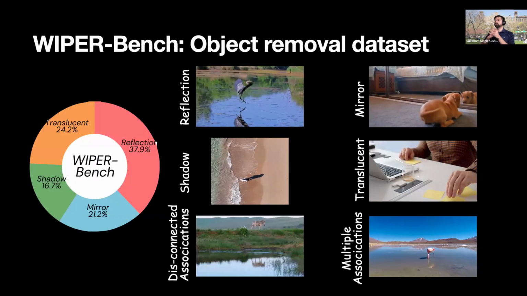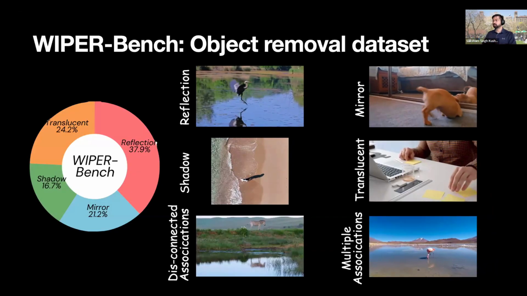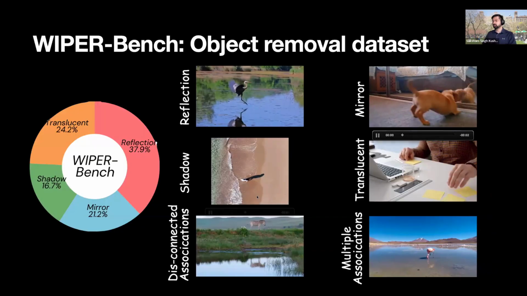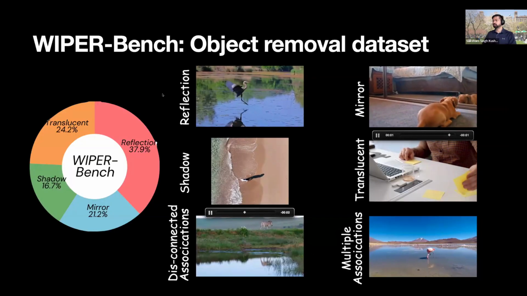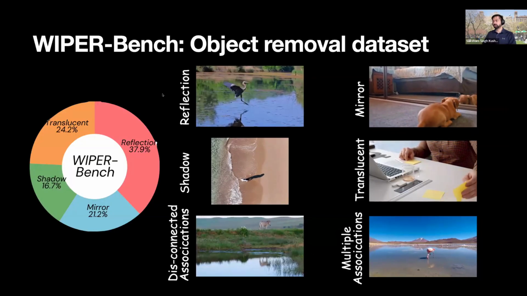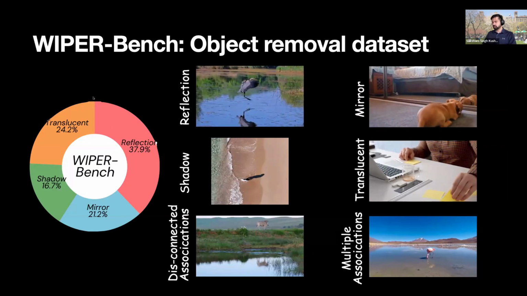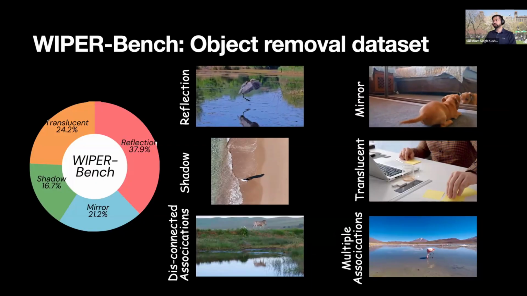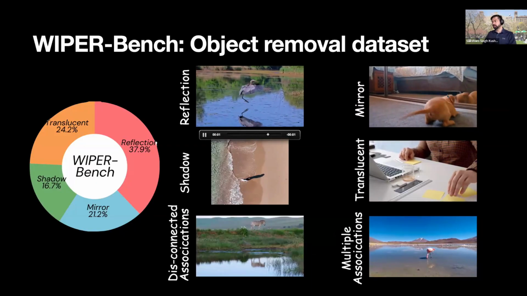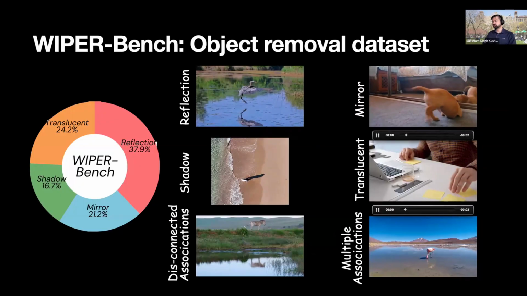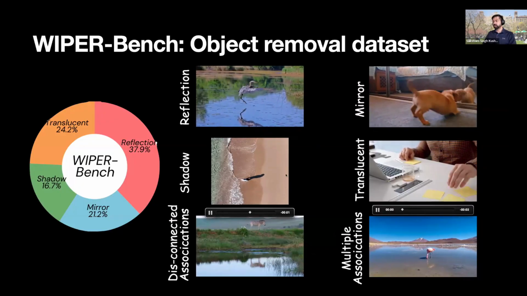Next, we found that there is no real world benchmark for object removal along with associated effects. So we collected videos from Pixel and created a small evaluation benchmark of around 60 videos, which covers many scenarios like reflections, mirror reflections, translucence, and shadows.